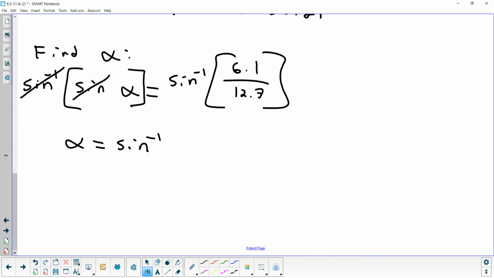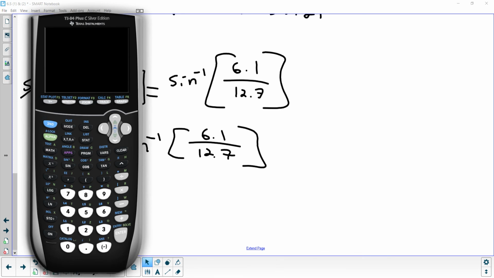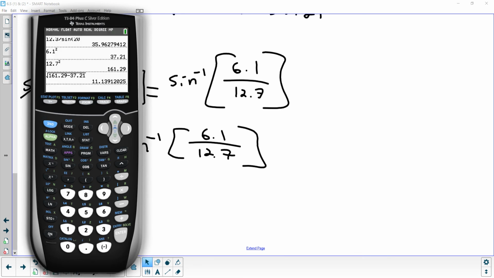So, the answer is the inverse sine of 6.1 over 12.7. So, inverse sine of 6.1 divided by 12.7. So, inverse sine 6.1, 12.7.